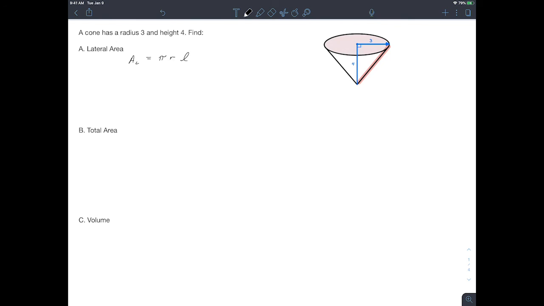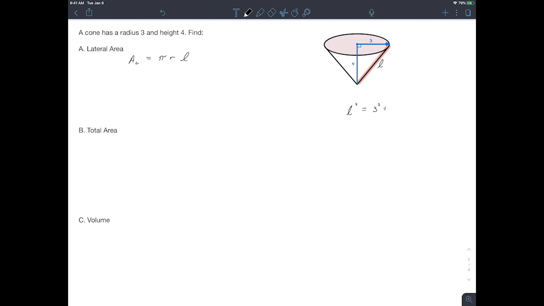So if you can tell, this is a right triangle. The radius along with the height are the two legs, and the slant height that we want is the hypotenuse of that right triangle. So L squared, which is the hypotenuse, is equal to the sum of the two legs squared.